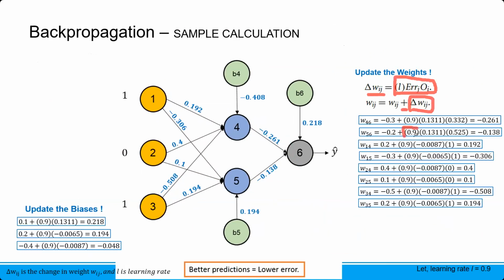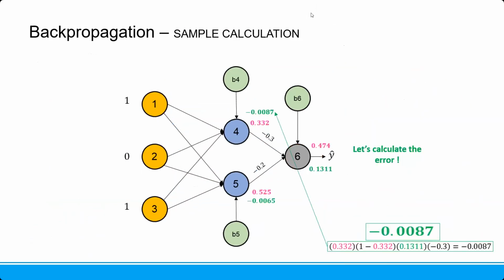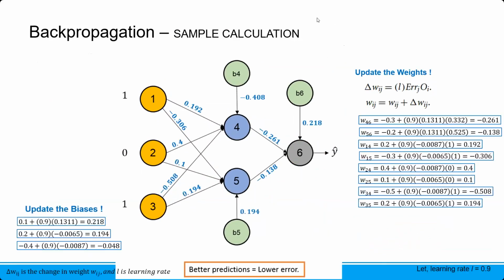The learning rate is 0.9 multiplied by 0.1311, which is the error on node 6, and then multiplied by 0.525, which is the output on that node. The red color is the output. So we get the new value, which is minus 0.138, and this will be the new weight here.